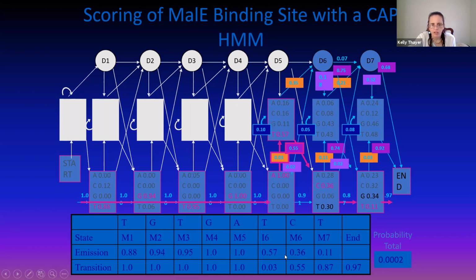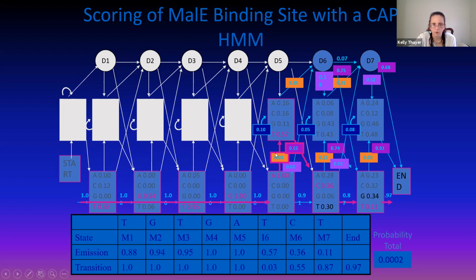And then the next thing we have is a C. So we're back on track here. And then a T is the final letter. So we see how we're tracing out that path through here. Now we also have the associated transition probabilities, which are the numbers over the arrows for this path. So we have 1, 1, 1, 1, 1, and then it starts to get interesting here, right?